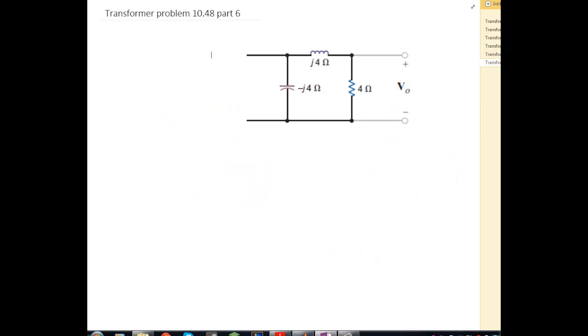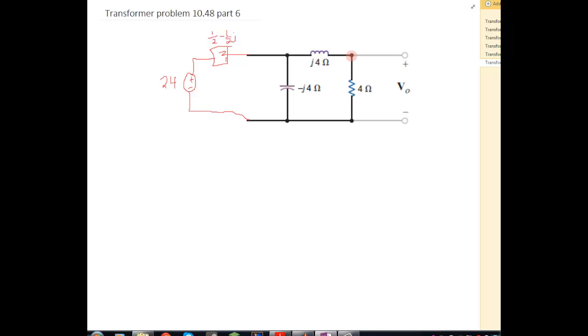Okay, so now our overall circuit looks like this.